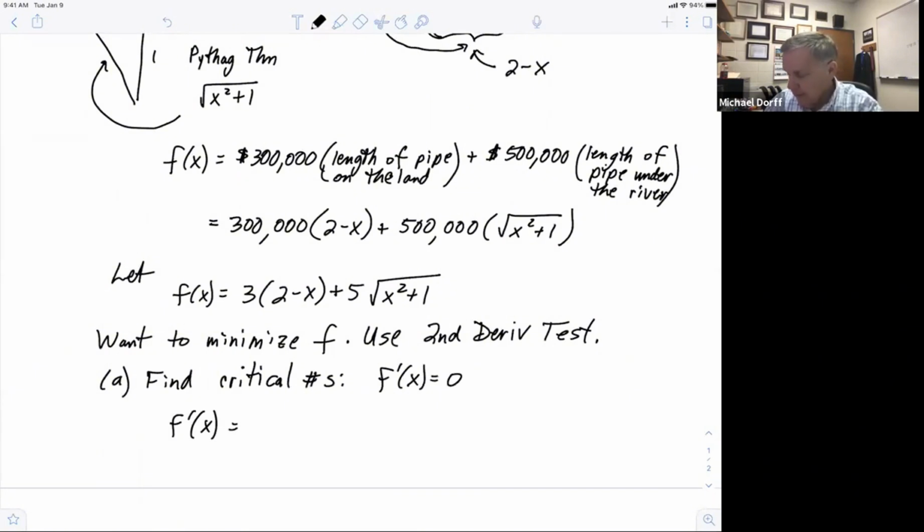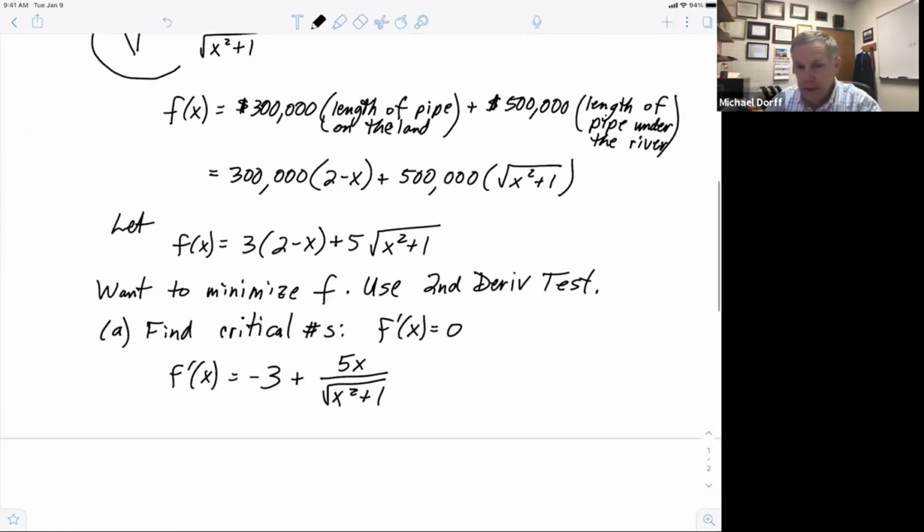The first part, I'm going to take that derivative of 3 times parentheses 2 minus X. I'm going to get a minus 3 in there. Now when I take the derivative of 5 times the square root of X squared plus 1, I'm going to end up with 5x over square root of X squared plus 1. You may have to work that out, but you can do that. And that all equals 0.